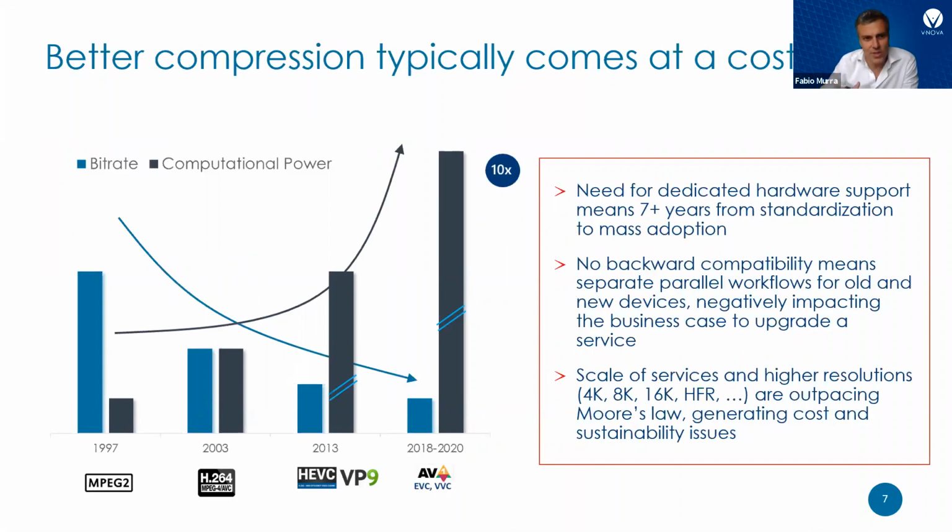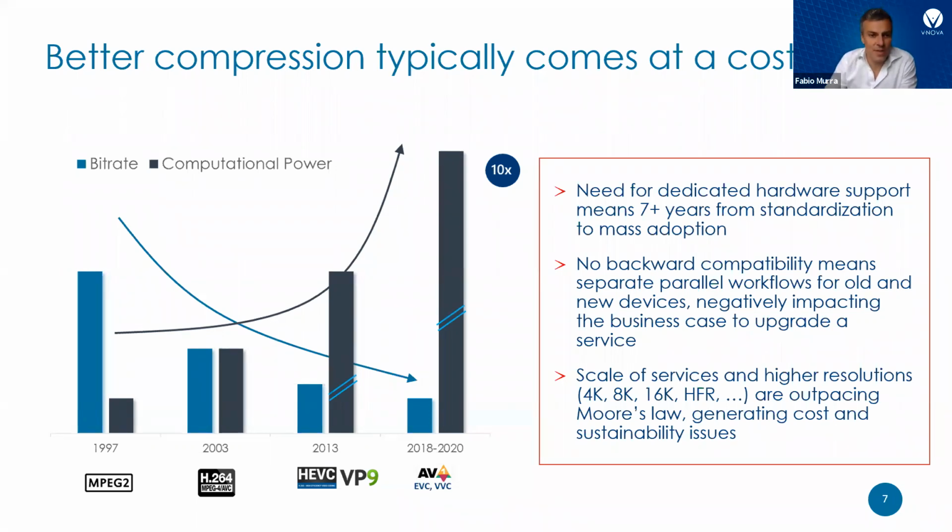We know that over the years, generations of compression standards have improved the compression performance, reducing the bitrate requirements, i.e. the bandwidth required to achieve a given quality, or the file size of a file of a certain quality, while at the same time needing more computational power to use the increasingly expanding tools that the standard was making available to the encoder.